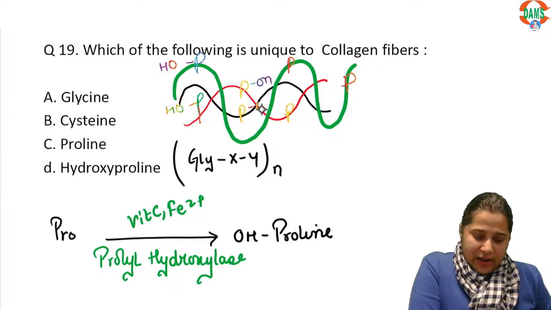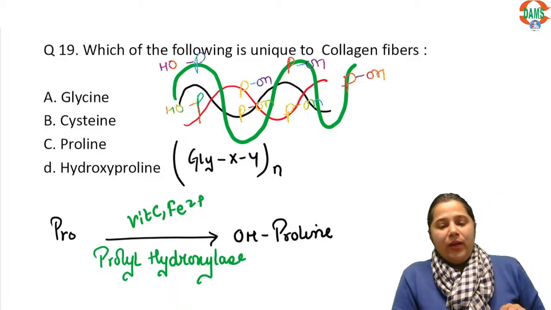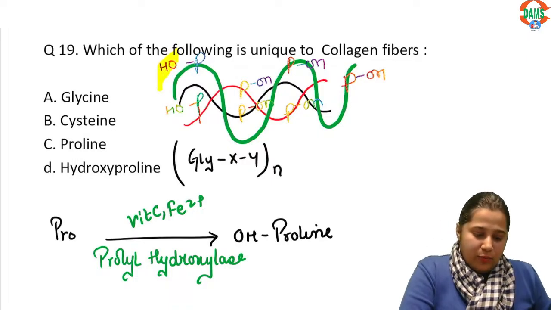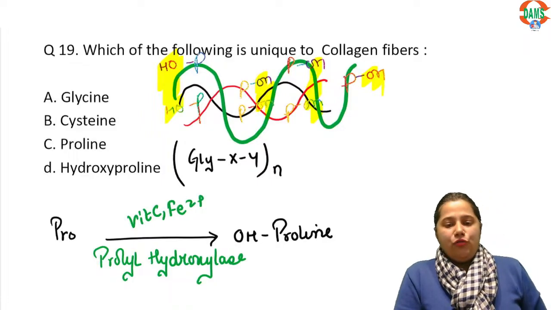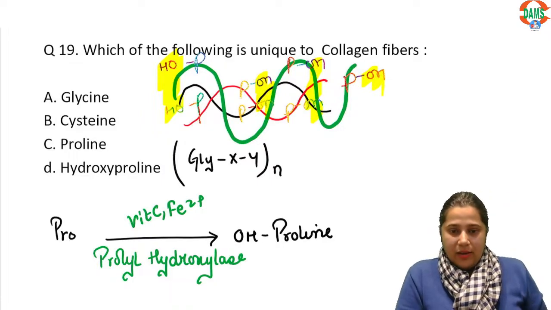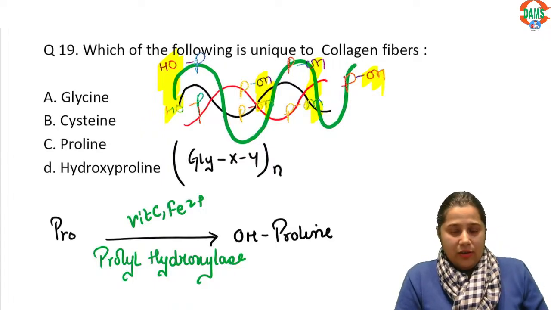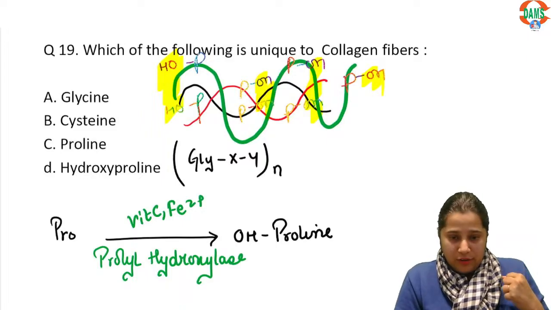Once we have added hydroxyl groups, because there are so many hydroxyl groups, this will form hydrogen bonds wherever it is present. That is responsible for the strength of collagen. The hydrogen bonds are responsible for the strength of collagen.